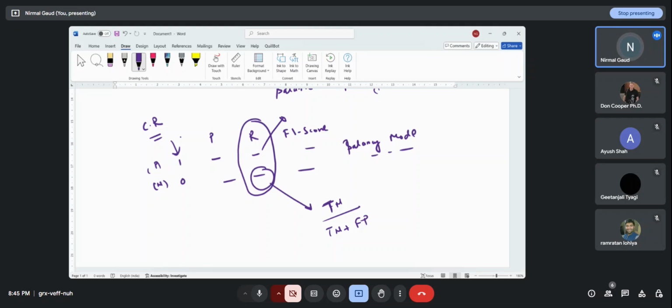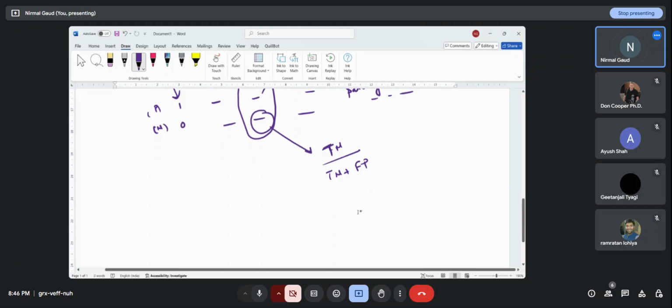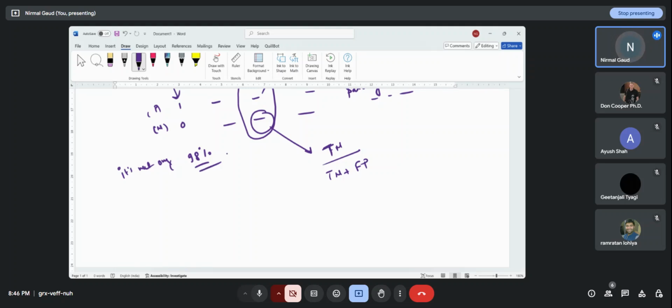That means your model is much more aligned towards a particular prediction, towards a particular value. No, I don't want that. It's not only about accuracy. It's not only about, okay sir, I trained a classification model and I got 98% accuracy.